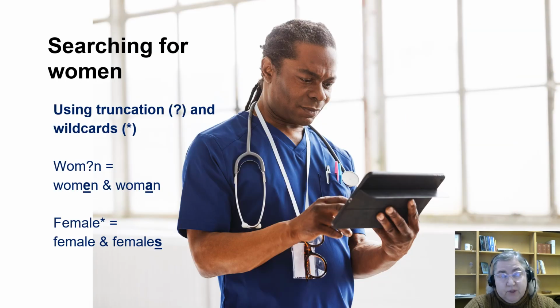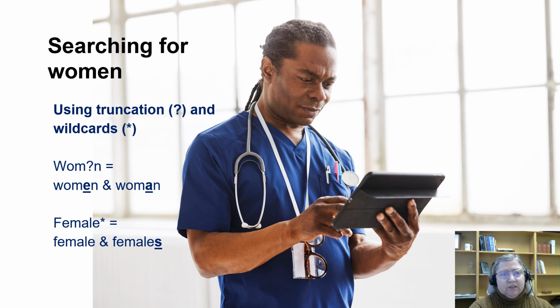Now, for the next one, here I think it is useful to introduce truncation and wildcards. You can truncate by using a question mark to substitute any single letter in a search term so that any letter will fill that spot. In this case, because the plural of woman is women, I'm going to use a question mark to search both.